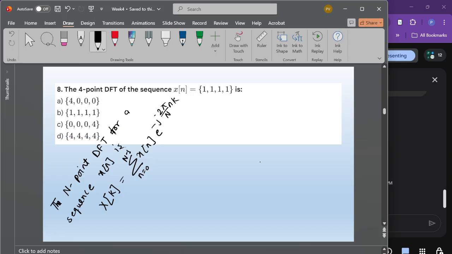Okay, this is the formula to calculate the N-point DFT for a given sequence x of n.